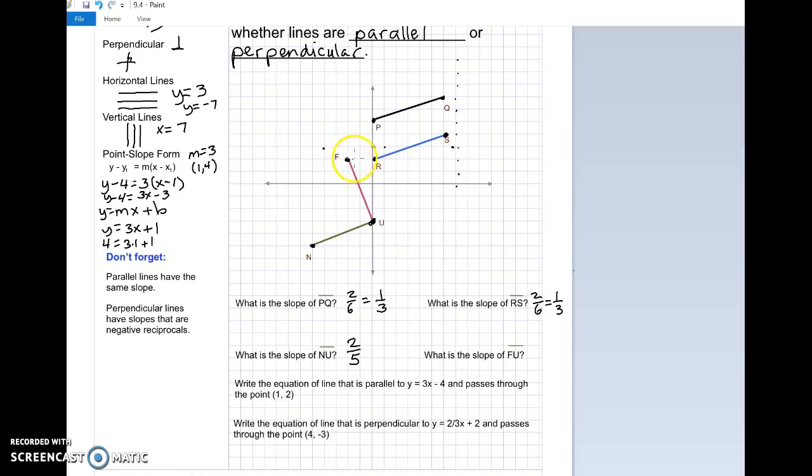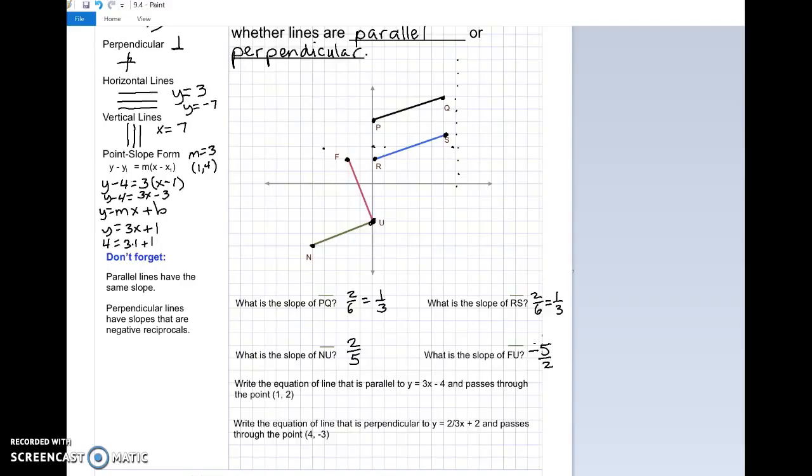Well, this time you went down 1, 2, 3, 4, 5, and over 2, 1, 2. So it's actually -5/2. I want you to take a look at the two slopes, the slope of line segment NU and the slope of line segment FU, and tell me what are some things that you notice about those two slopes.